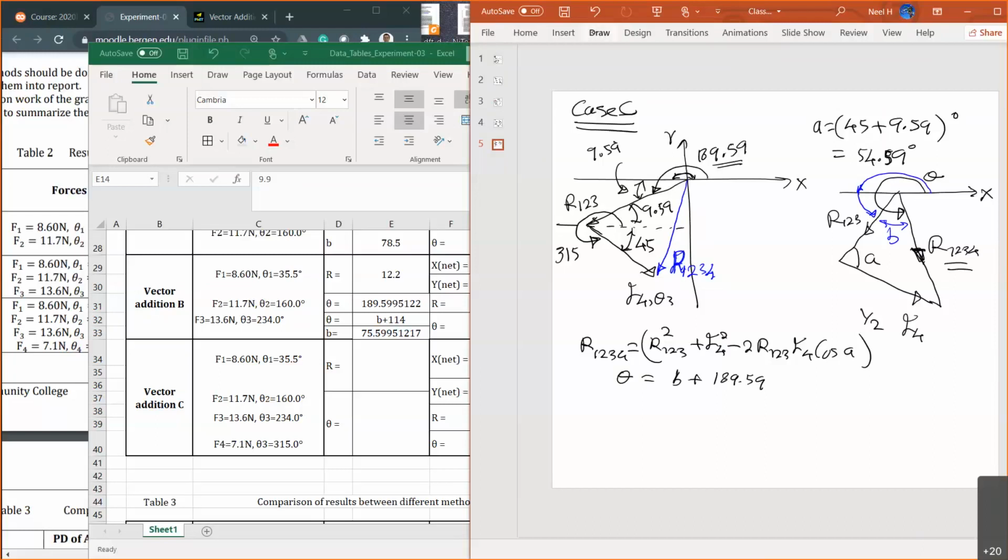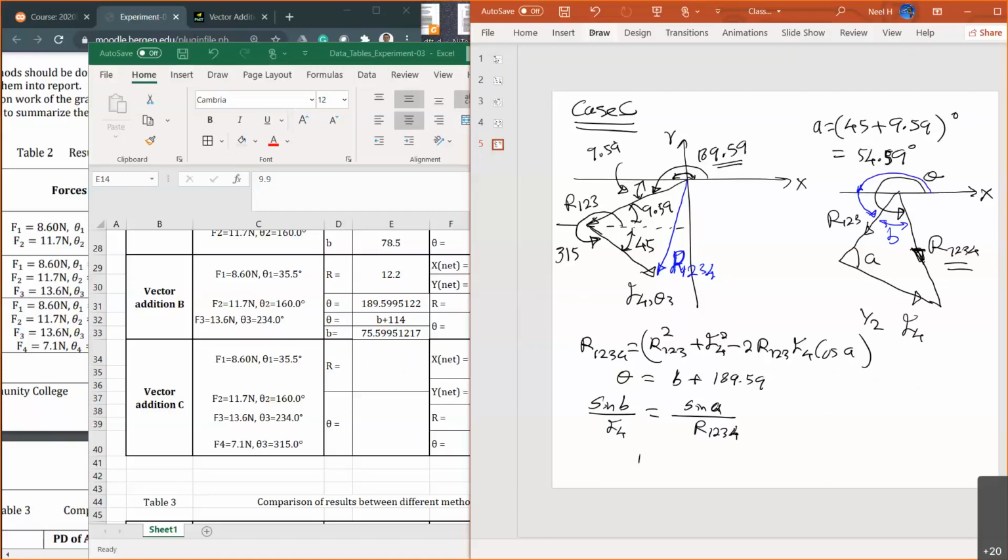To find the B, you can use the sine rule. So same thing, sine of B divided by the line in front of that, which is F4, is equal to sine of A divided by the line in front of that, R of 1, 2, 3, 4.